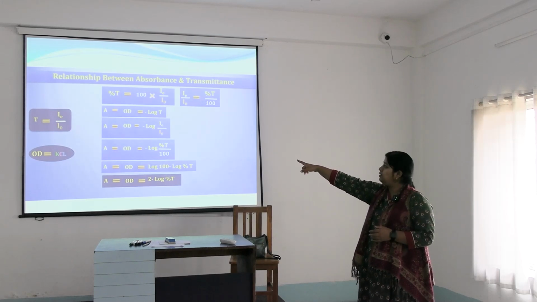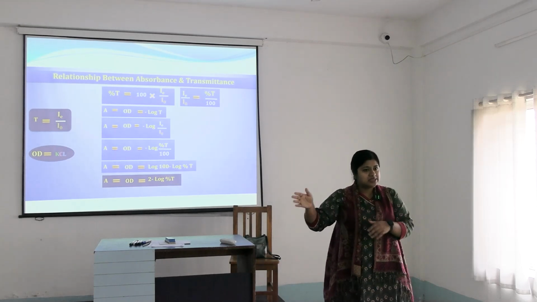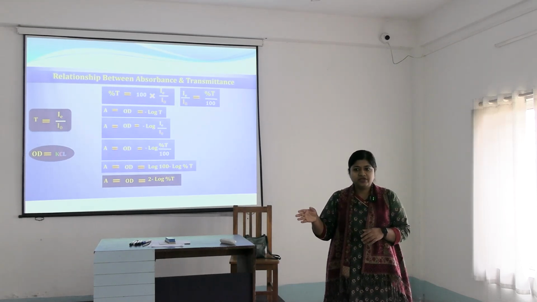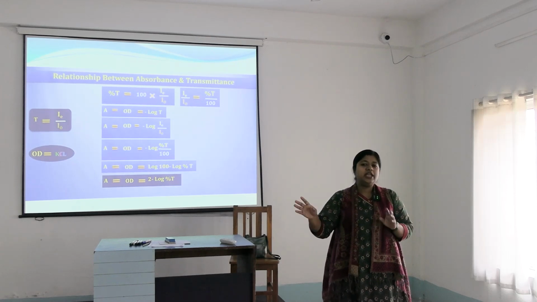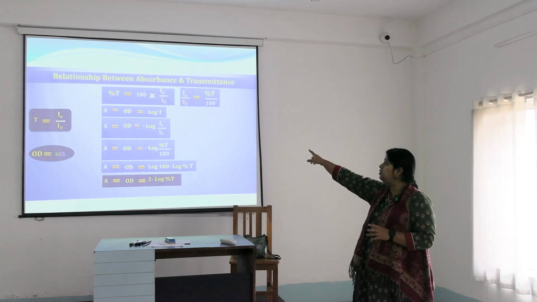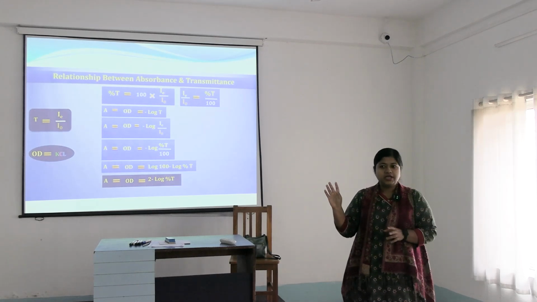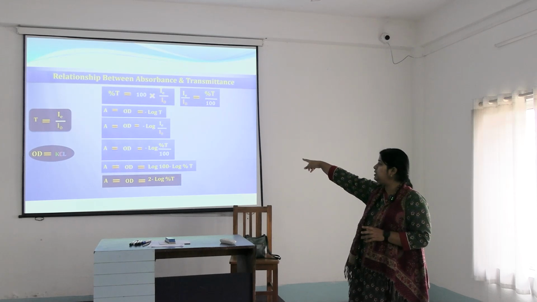Okay, and we also know that absorbance is inversely proportionate to T. A inversely proportionate to T. If we take log of that equation, we will get A is equal to minus log T. Okay, so A is equal to minus log T, we can replace T by IE by I0.